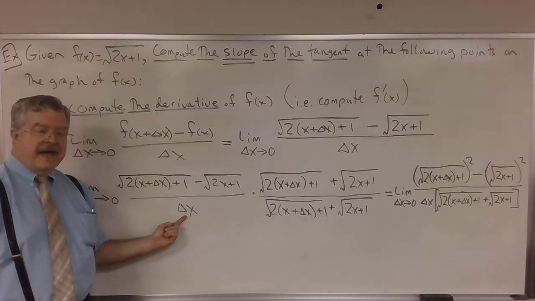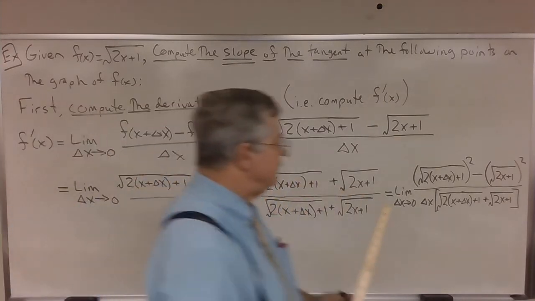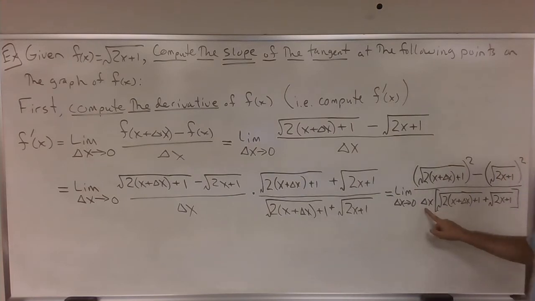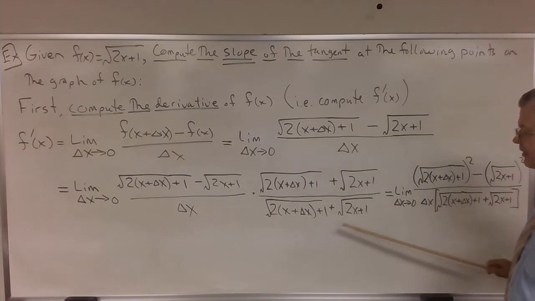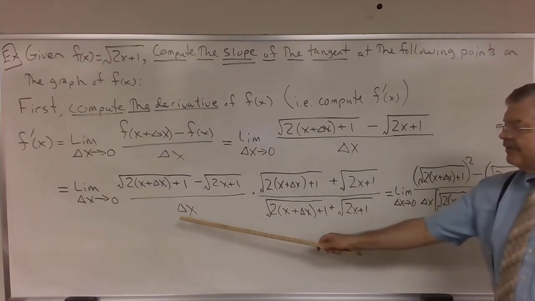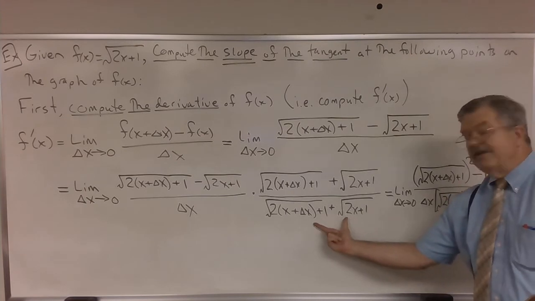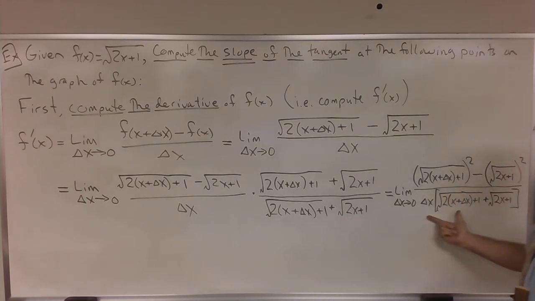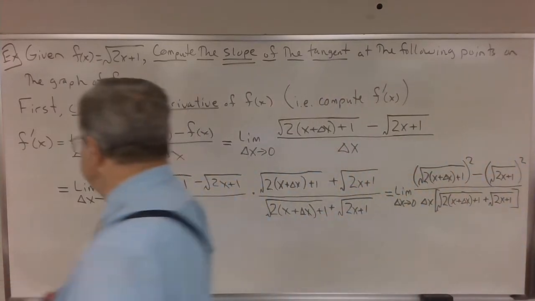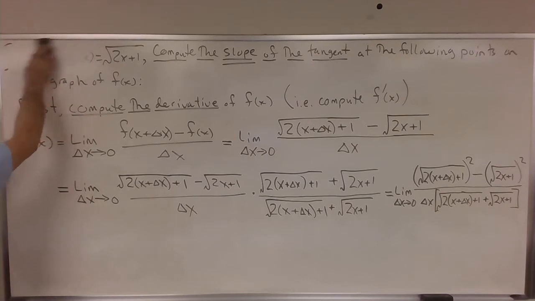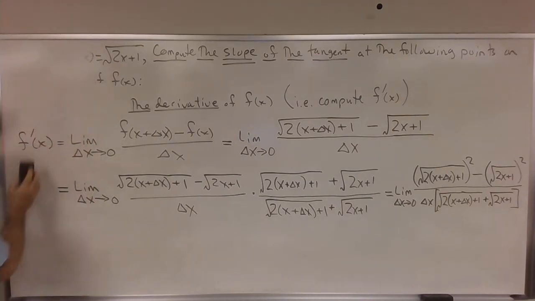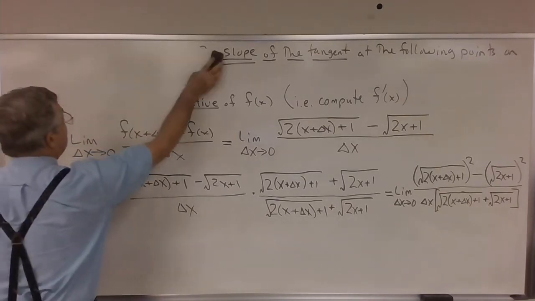And because of that, I want to make sure that I keep this factor exposed. So I didn't distribute the delta x to these two terms. I just kept this factor and this factor separate. Now, forgive me, I don't feel like bending over, so I will continue up here, up top.